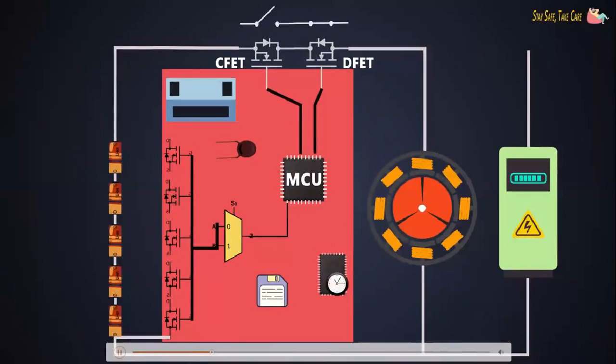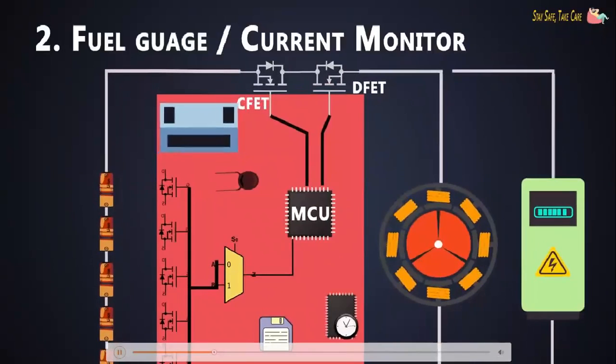If the voltage at the input pin is not present, then the BMS determines that the motor is connected.